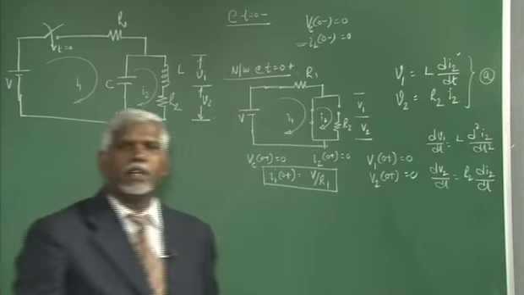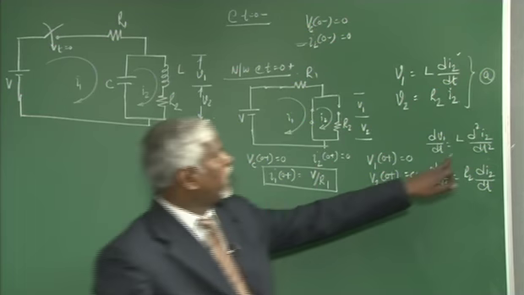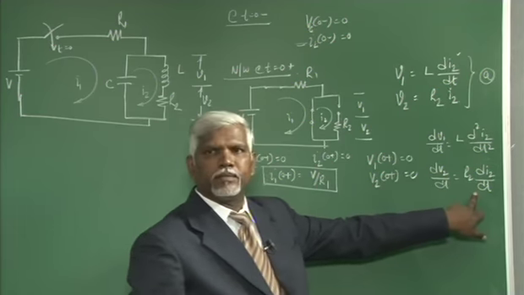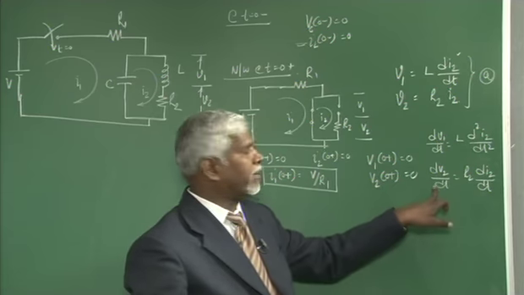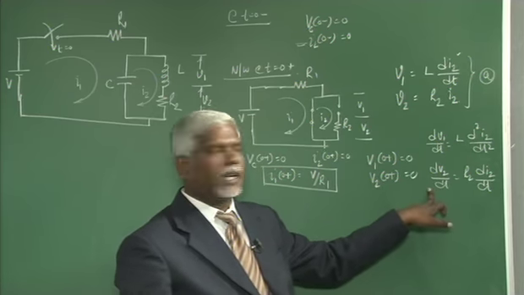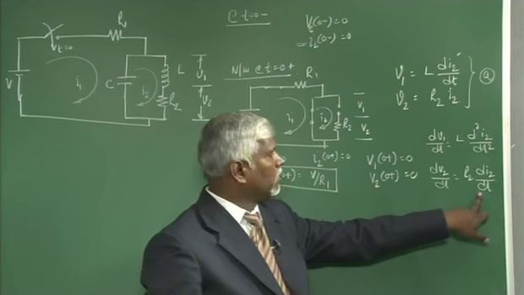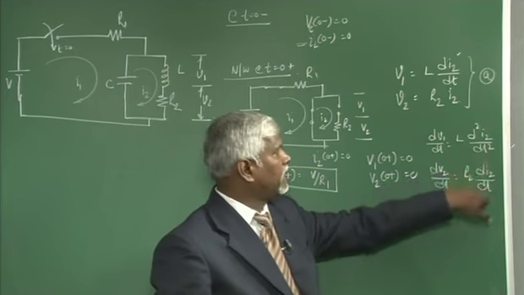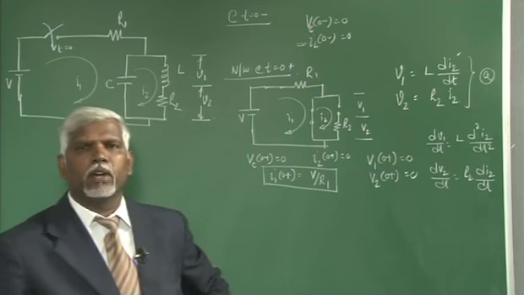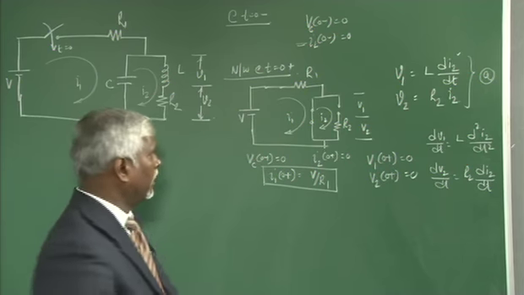So, to evaluate dV1 by dt and dV2 by dt, I need to evaluate d squared I2 by dt squared and di2 by dt. The first and second derivatives of the current I2 have to be evaluated.